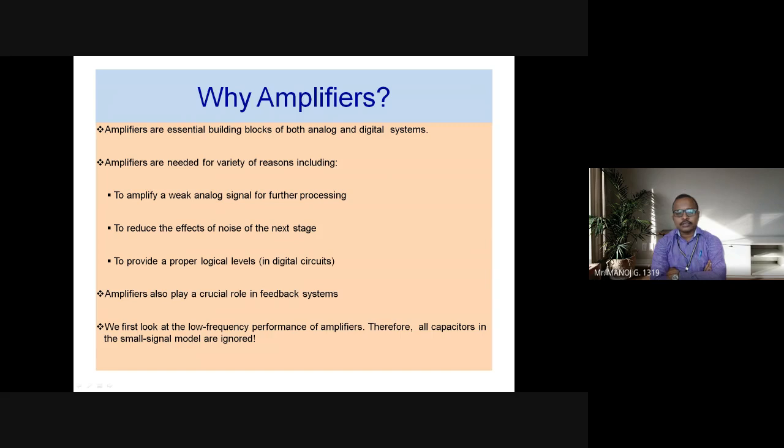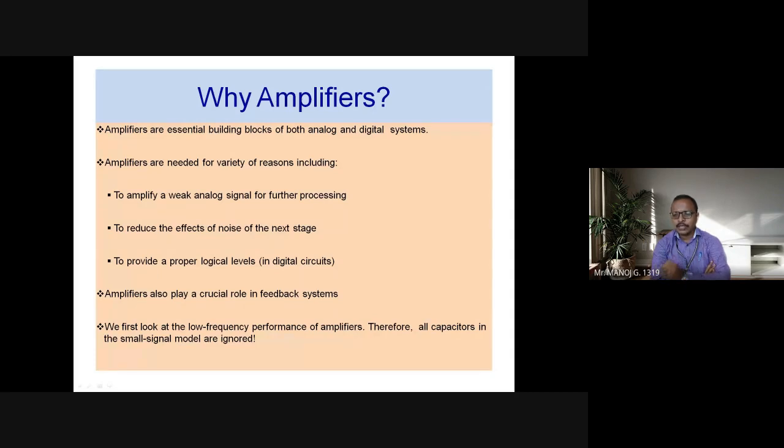Why amplifiers? Right. That's what we are looking at. Now, amplifiers are the very basic building block of the analog as well as digital circuits, right? Without amplifiers, you will not be able to go ahead sending the signal into the system, right?